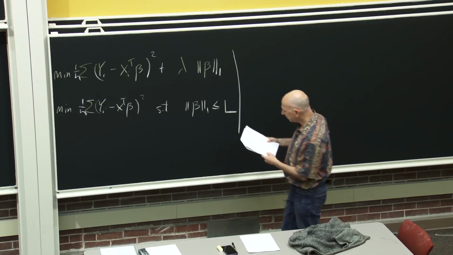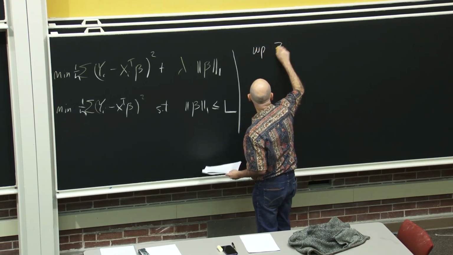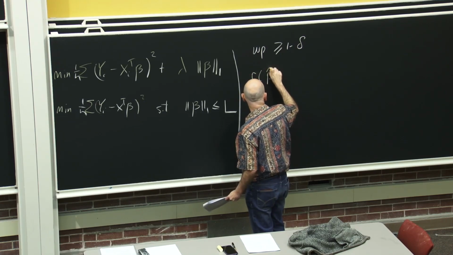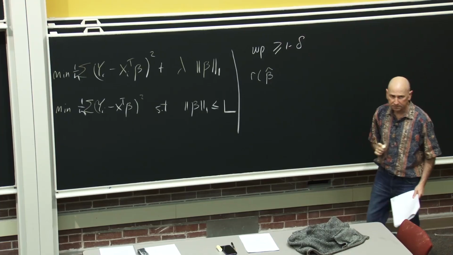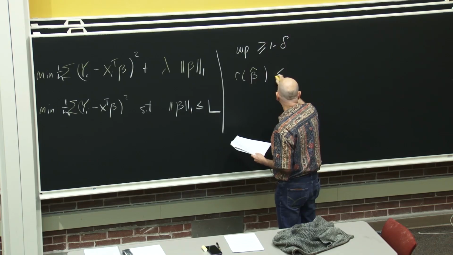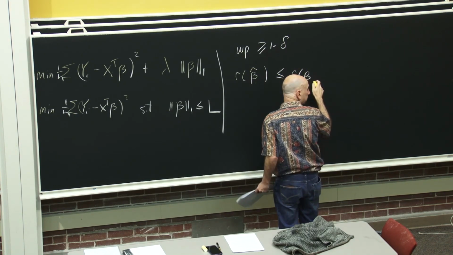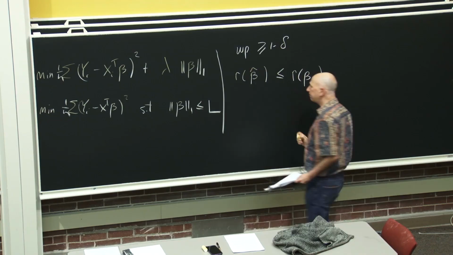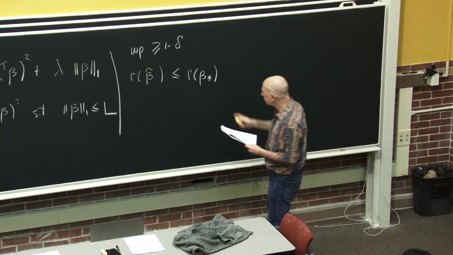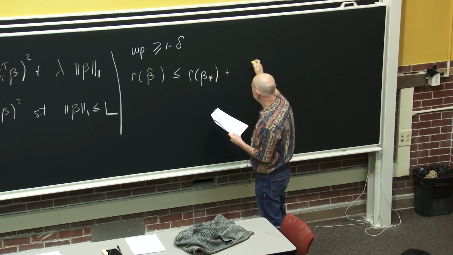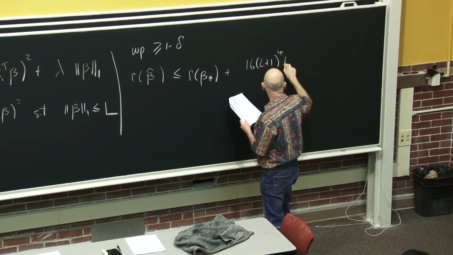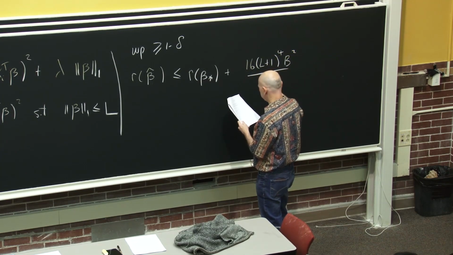And then the statement of the theorem is, with probability at least 1 minus delta, the prediction risk of the lasso estimator, how well we're going to predict with the lasso estimator, is less than the prediction risk of the best sparse linear predictor in that sense, plus some terms. I'll put the constants here, although I'm not sure how important the constants are. What's more important, I want you to notice, is the rates.